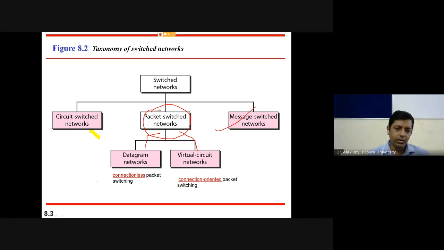What is datagram network? It is connectionless packet switching. And what is virtual circuit network? It is connection oriented packet switching. So both are different. Mostly we will cover circuit switch network and then datagram network, and then virtual circuit network. 3 different types.